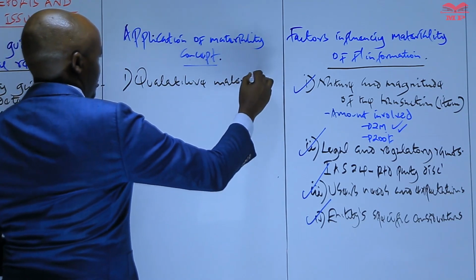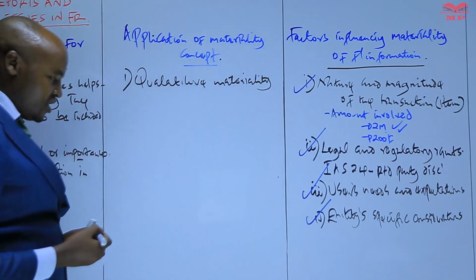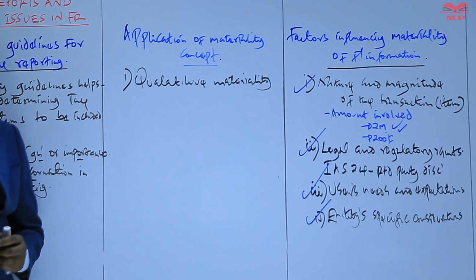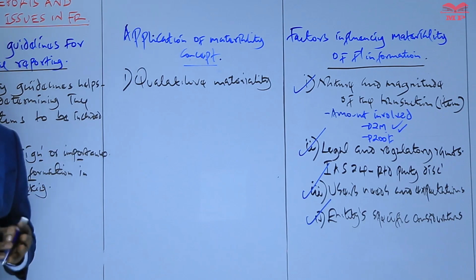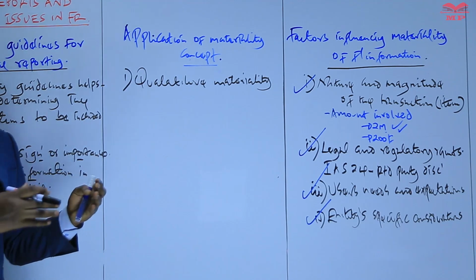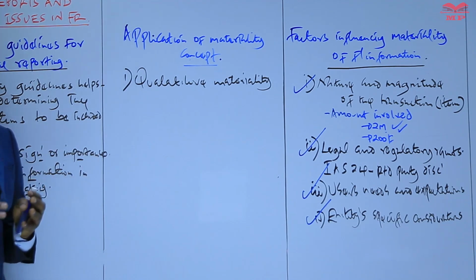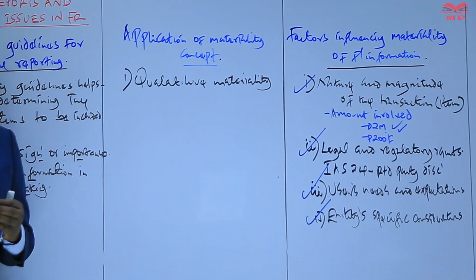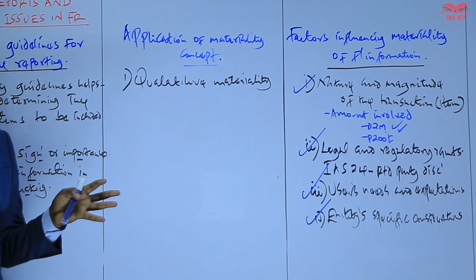When we talk about qualitative materiality, this entails determining whether financial information is material or not by looking at the impact of that particular information on the decision to be made by the users. So it means that if the information will affect the user's decision, then we say it is material, irrespective of the amount involved.